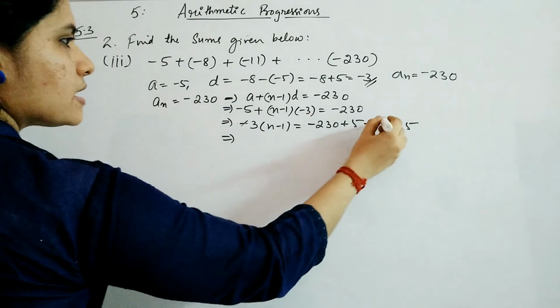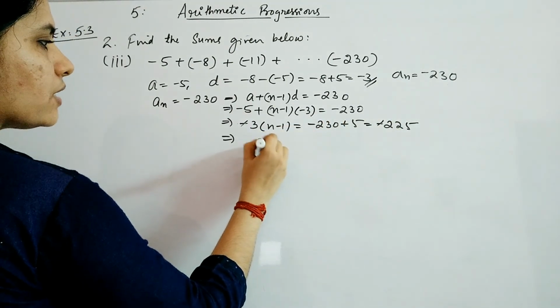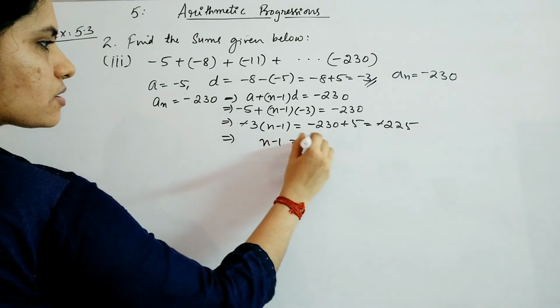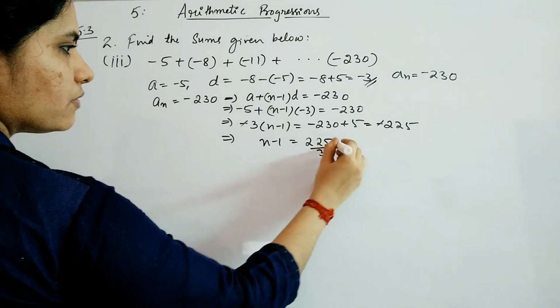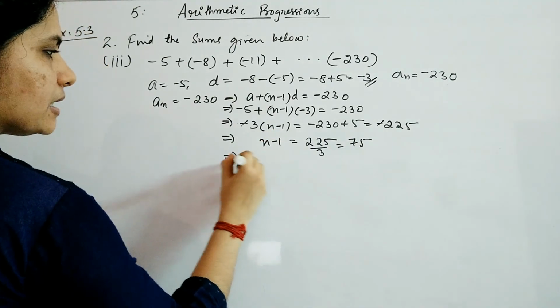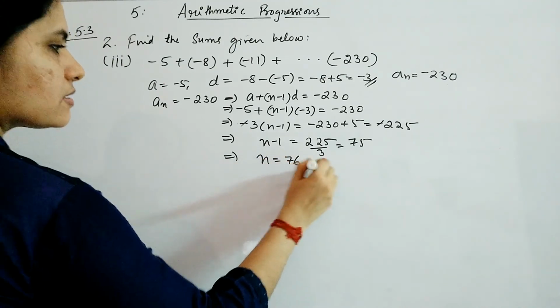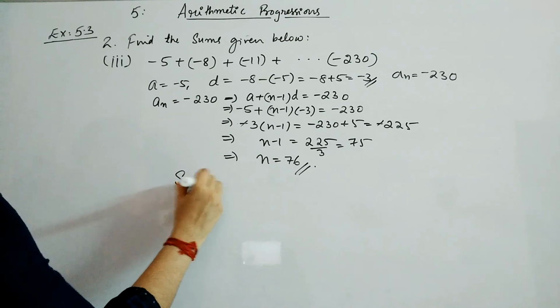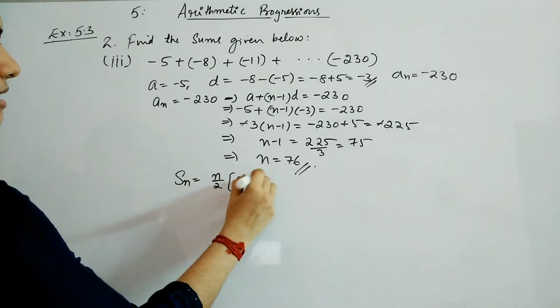So negatives get cancelled and you will get 3 into n minus 1 equal to 225, or n minus 1 is equal to 225 by 3, which is 75. That means your n is 76. So you got how many terms are there. Now we'll start with Sn, which is n by 2 into A plus An.